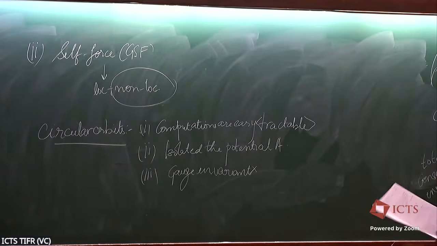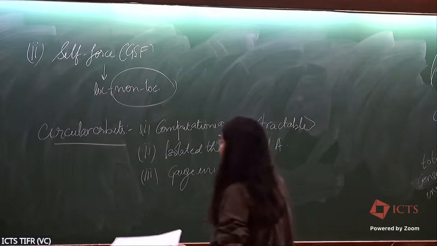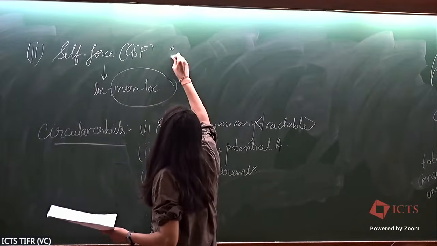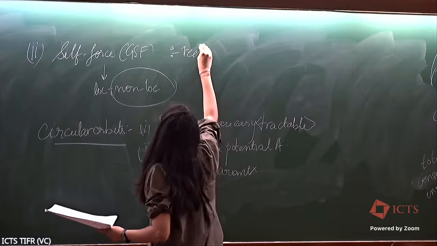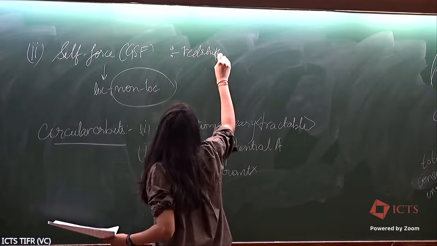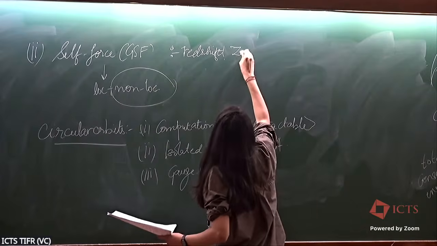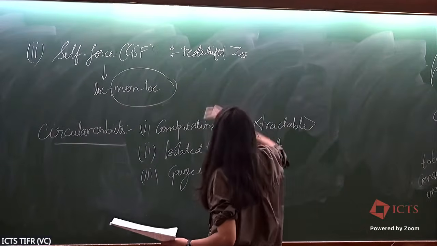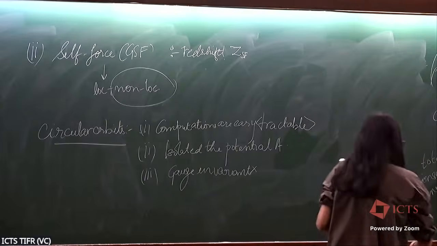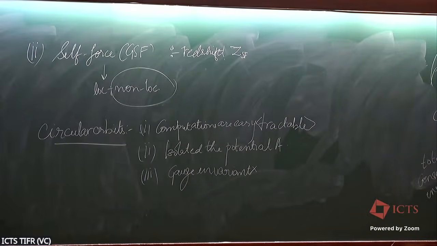And I said that the gauge invariant quantity that we will study in self force is the redshift, which I will denote with z_SF, let's say. And what is this z_SF, or the redshift?